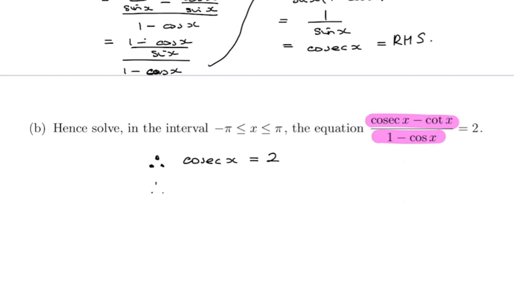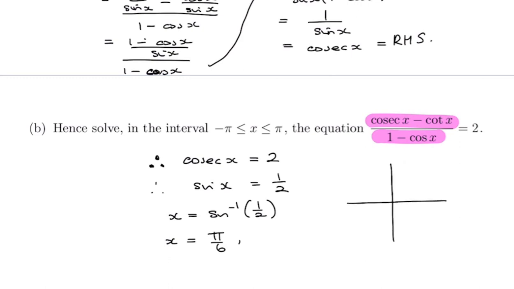Remember, cosec is 1 over sine, so sine x equals a half. X equals sine to the minus 1 of a half, and don't forget we're working in radians. X equals pi over 6.